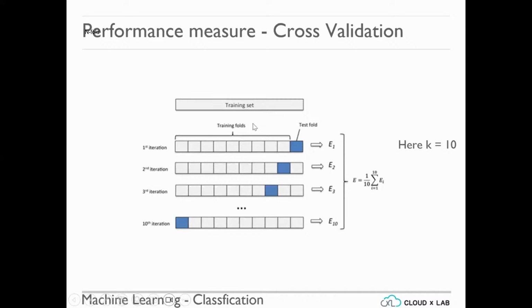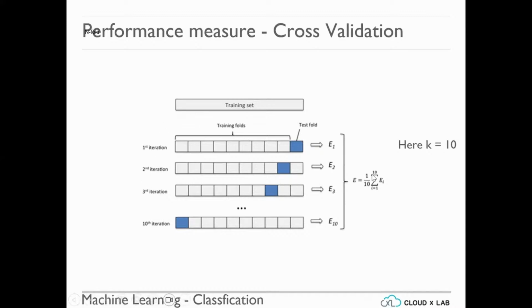Model 1, option 3, again 10 times, and you will get an average error. So indirectly you are training a model 30 times if you are using 10-fold cross validation. Model 1 option 1 you train 10 times, and since you have three options that you want to try out, in total you will train the model 30 times.